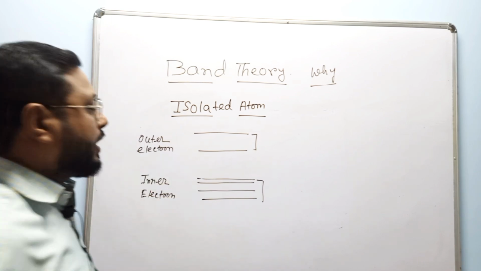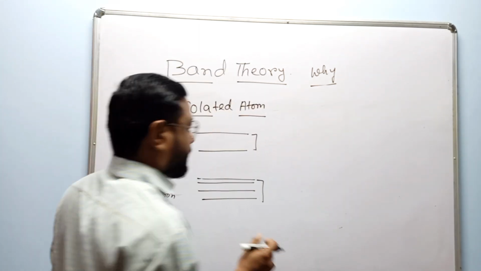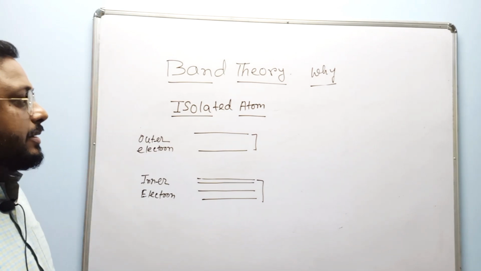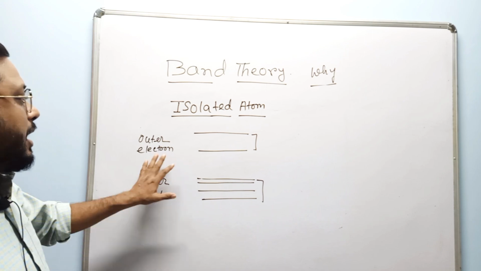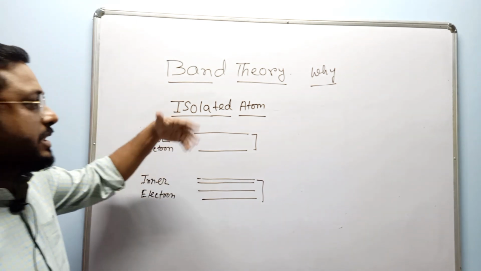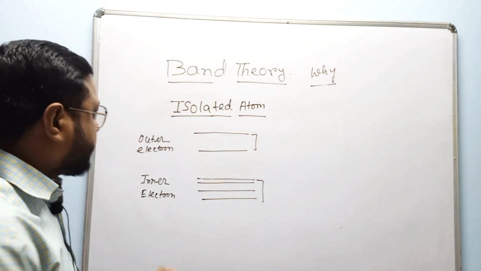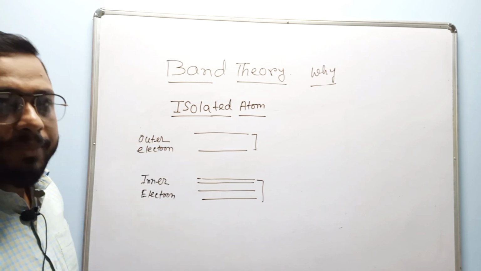But when we consider a crystal, that is, more number of atoms are connected together in a crystal, then the outer electrons interact with the other atoms. We know that the outer electrons are shared by more number of atoms.